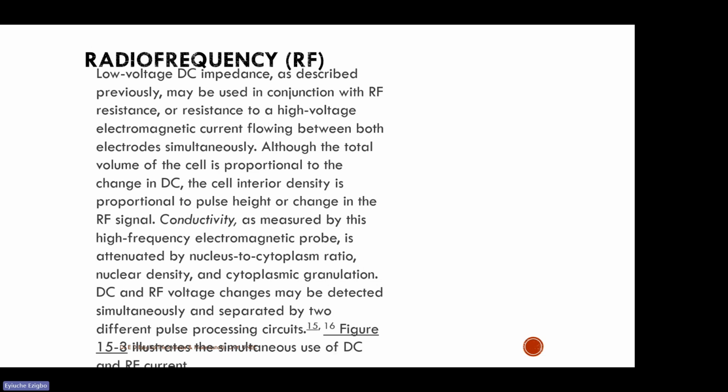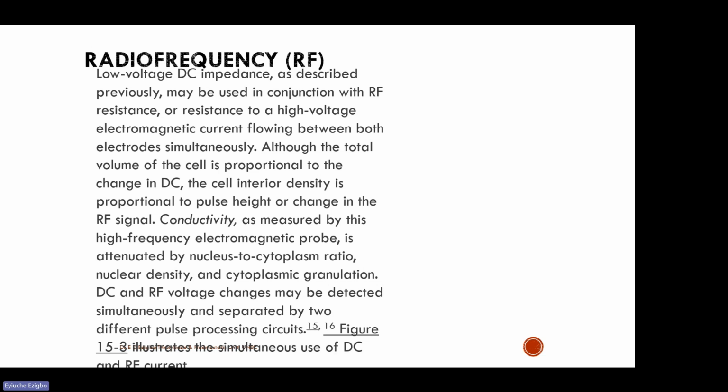Low voltage direct current impedance can be used in conjunction with radio frequency, that is, resistance to a high voltage electromagnetic current flowing between both electrodes simultaneously.